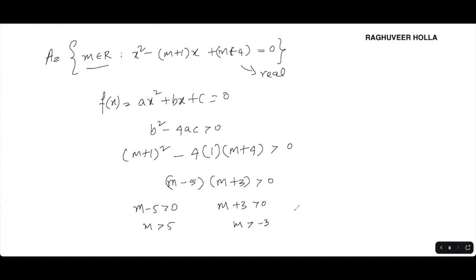So we got this here, and also B, which is minus 3 comma 5. Now in the option which is A union B, this is the one which is not true.